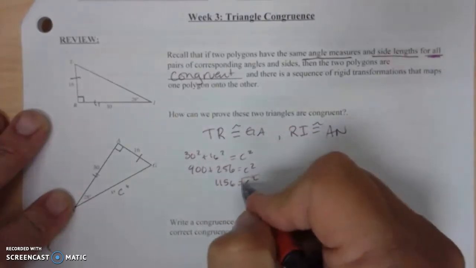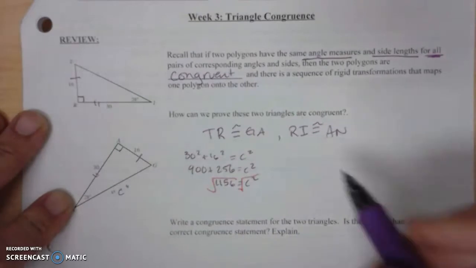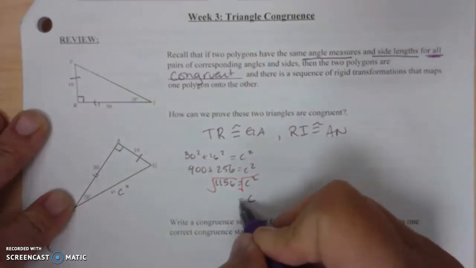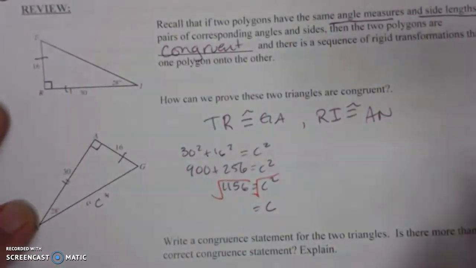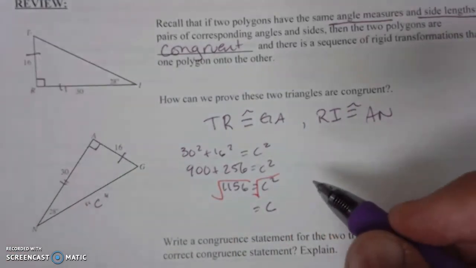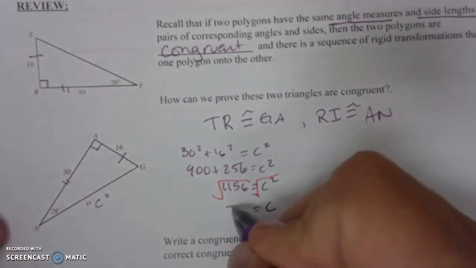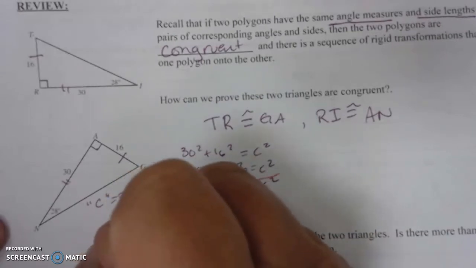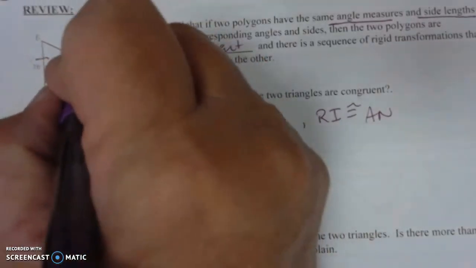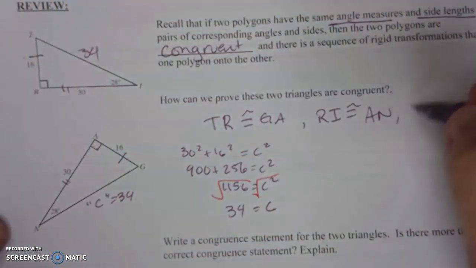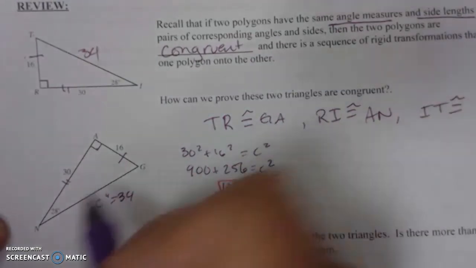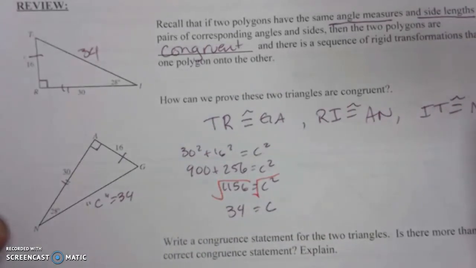And then we're going to take the square root of both sides. So the square root of a number squared is just c, and then the square root of 1156, we type that into the Desmos Scientific Calculator, and we're going to get 34. So this is 34, and since these numbers are the same, this is also 34. So we can say that IT is congruent to NG.